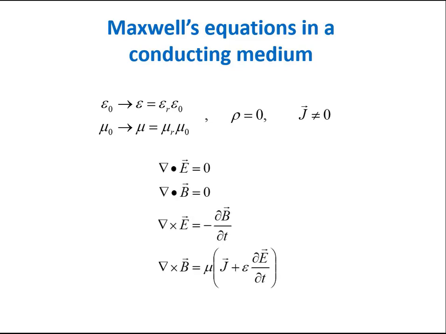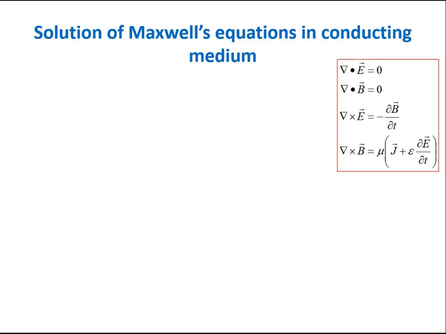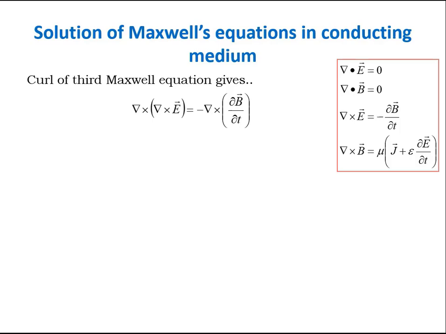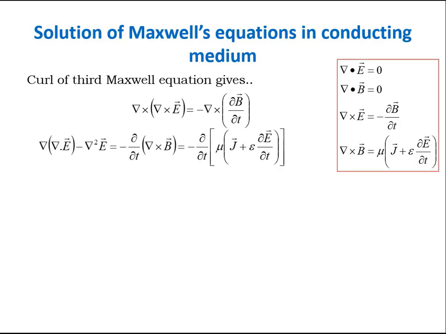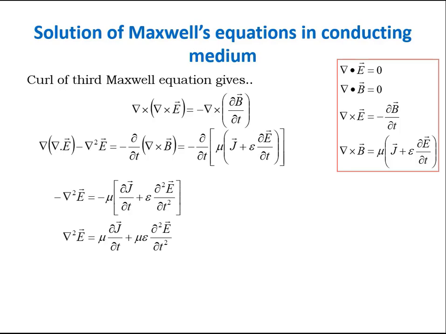Because a conducting medium is neutral as a whole but has non-zero current density, the Maxwell equation becomes like this. So, in case of a conducting medium, we get an extra term containing J in the fourth Maxwell equation. Now, to solve Maxwell equations in a conducting medium, we follow the same method as we followed in case of free space, and that is, take the curl of curl equations. The third curl equation gives this and this.